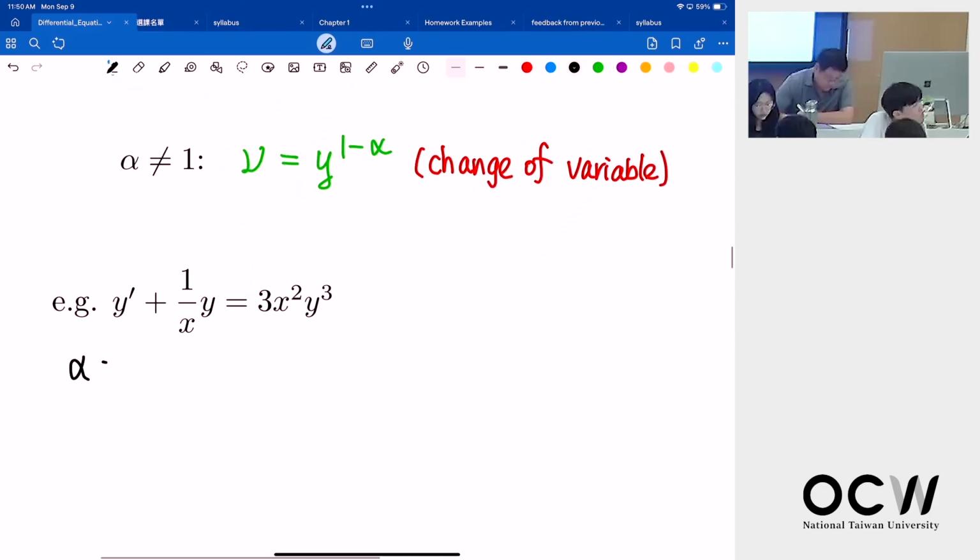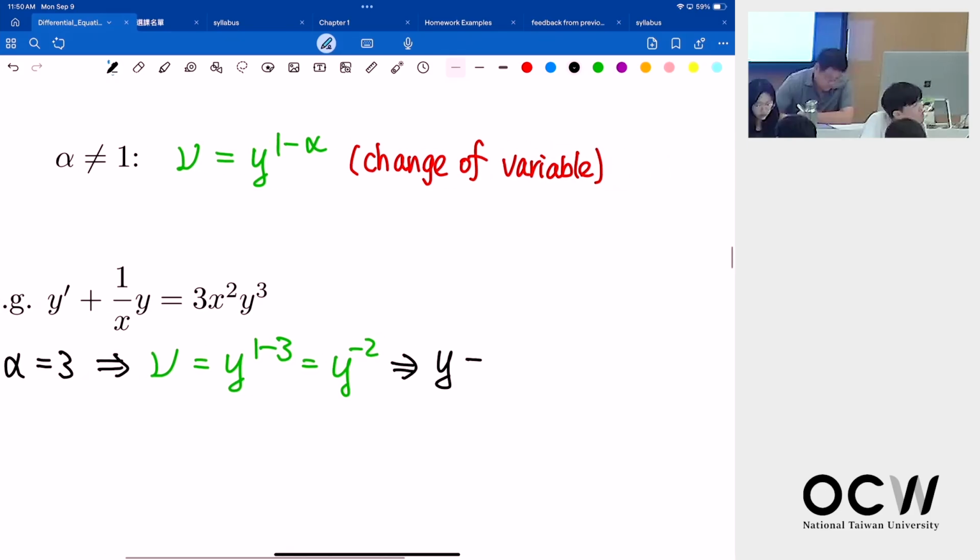That means my mu is y to the 1 minus 3. So it should be y to the minus 2. So now I have to change the variables, which means y becomes mu to the minus 1 half.